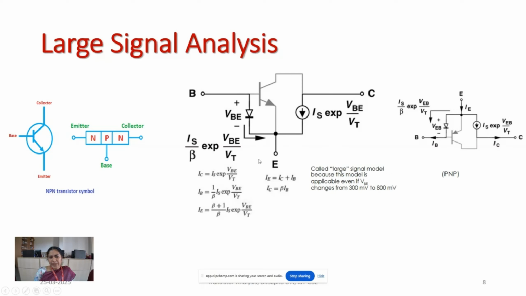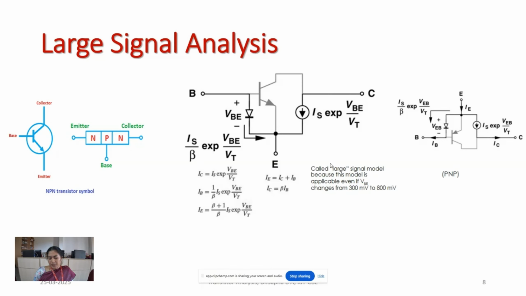Depending upon the input voltage, you can say that it is a large signal model, because this model is applicable for any change in the VB. Whatever the variation of your input VB, it will not have much change in the output collector current.